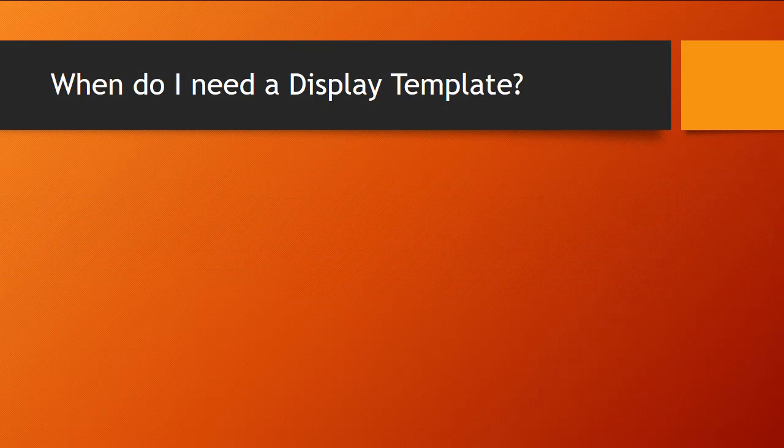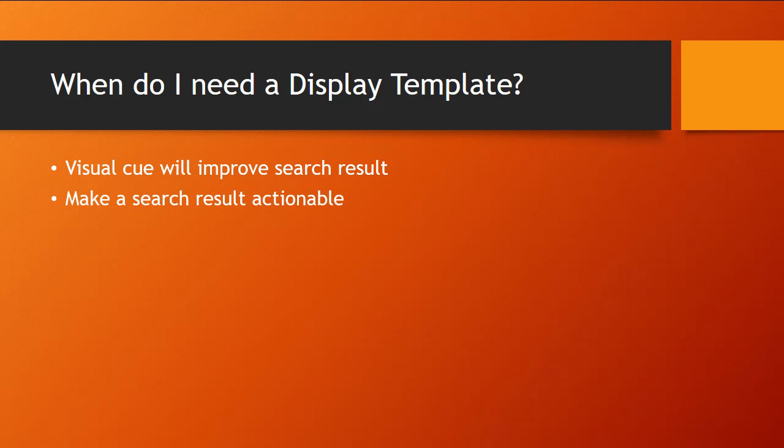The question you have to ask yourself is, why do you need a display template? A lot of folks don't quite understand where the display templates fall in this part of the search solution. If you need a visual cue that'll help improve the search results, then you need a display template. If you want to make the search results more actionable, for instance, if you want to put a phone number on there so that your salespeople can use click to call with their IP phone sets, then you can do that with the search result.